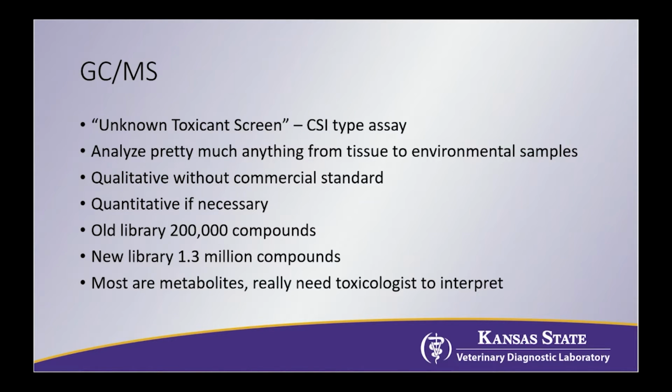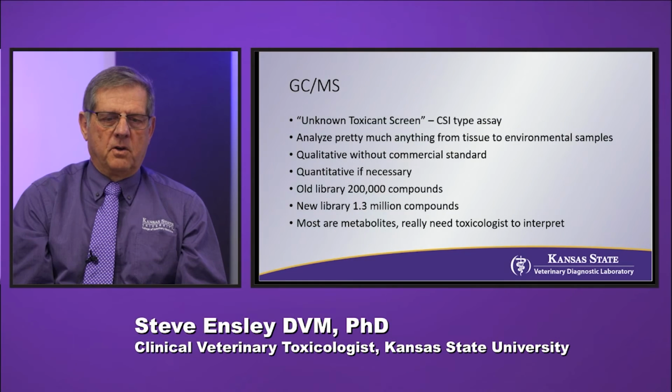One of the tests that we do, which not a lot of diagnostic labs have the capability to do, we call a GC mass spec screen, gas chromatography mass spectroscopy. If you've ever watched any CSI type television shows, what they show in there is exactly what we have in our lab.